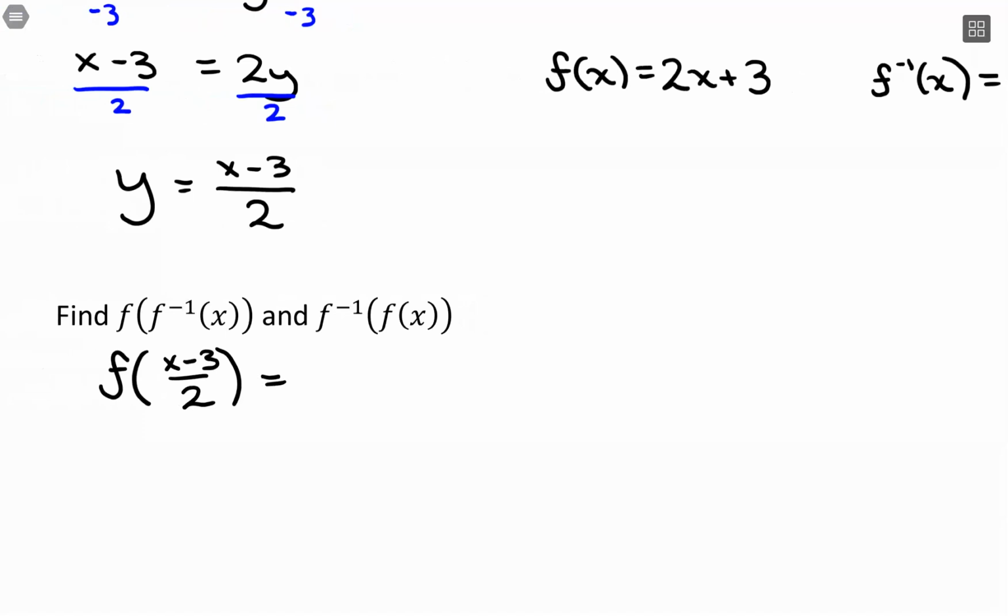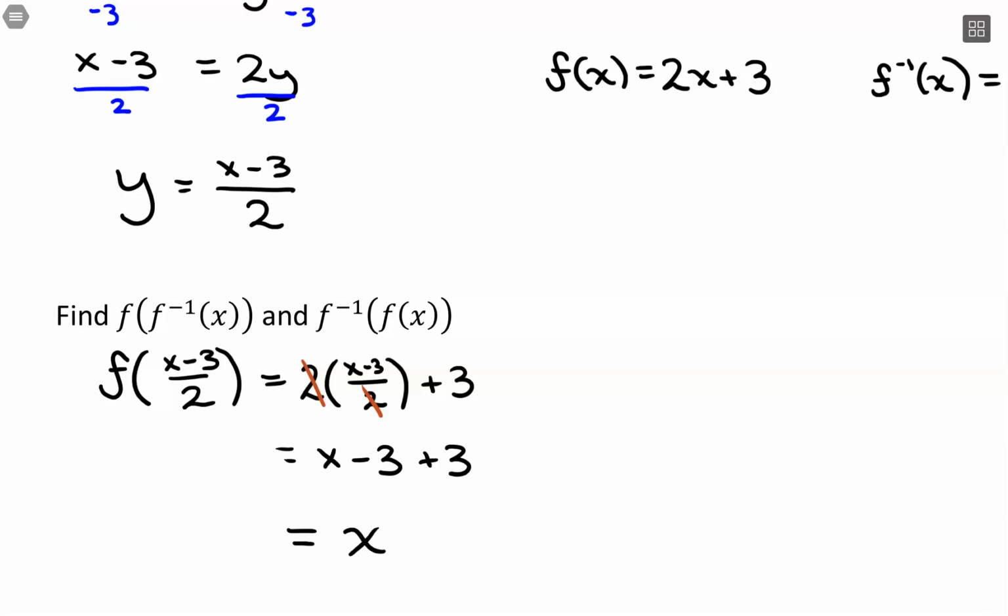So f of x tells me to take 2 times the input plus 3, and the input is this (x minus 3) over 2. Well, those 2's will cancel out with each other. So I have x minus 3 plus 3. Those 3's will cancel out, and we get x out.